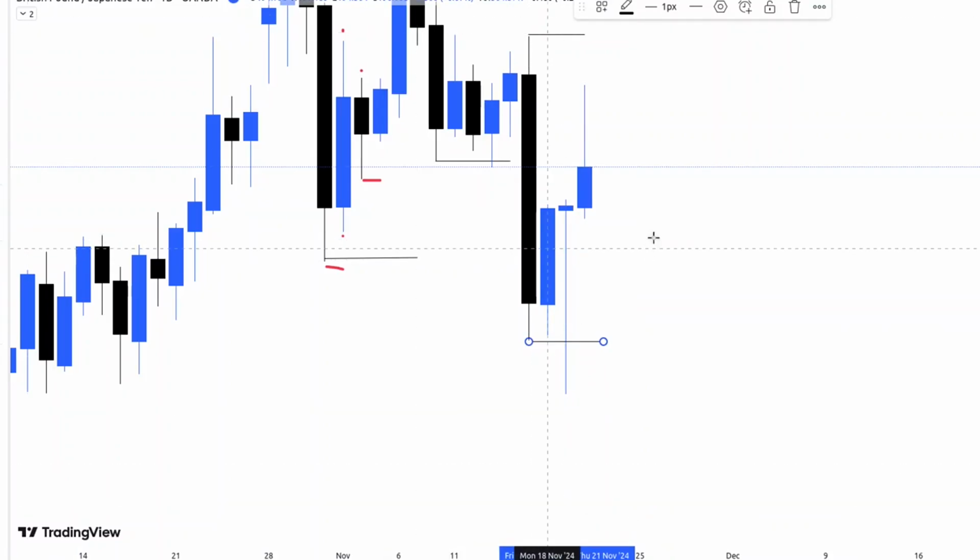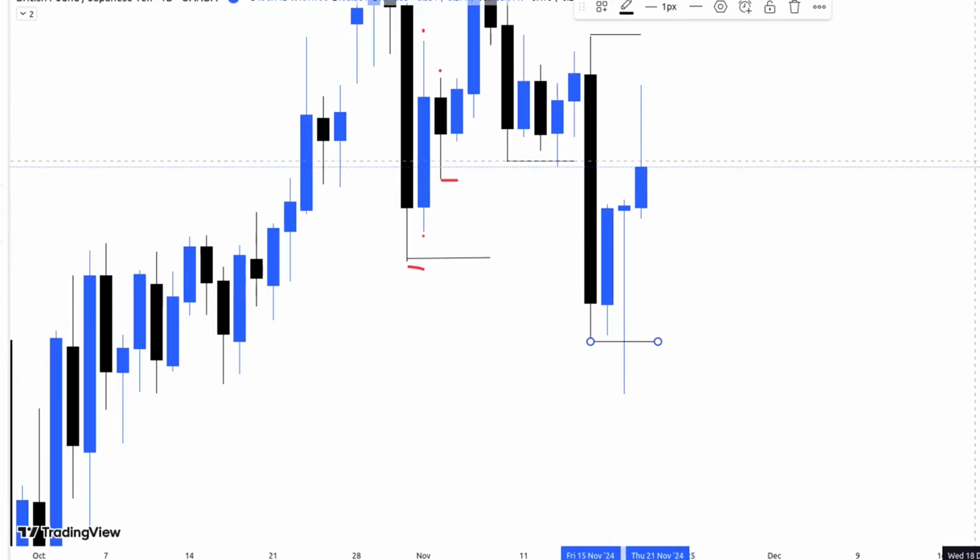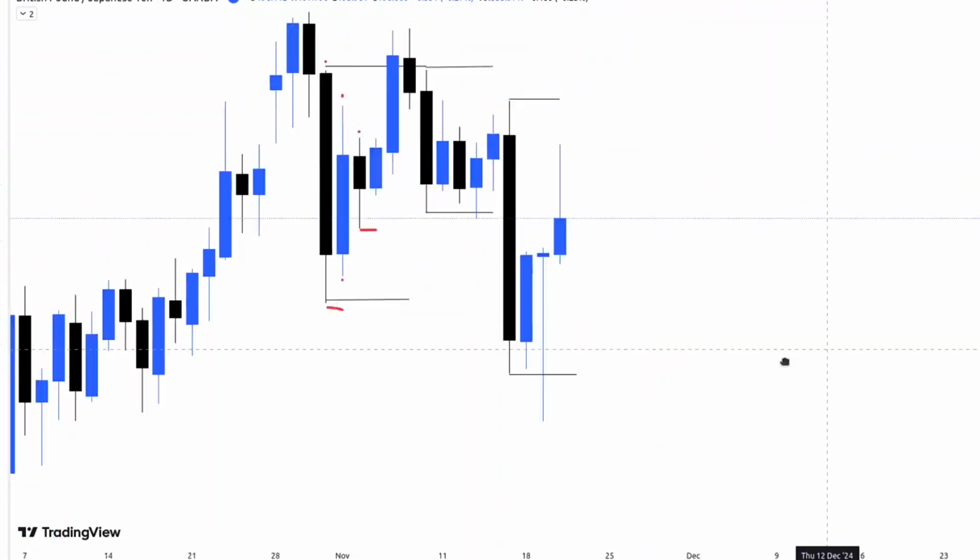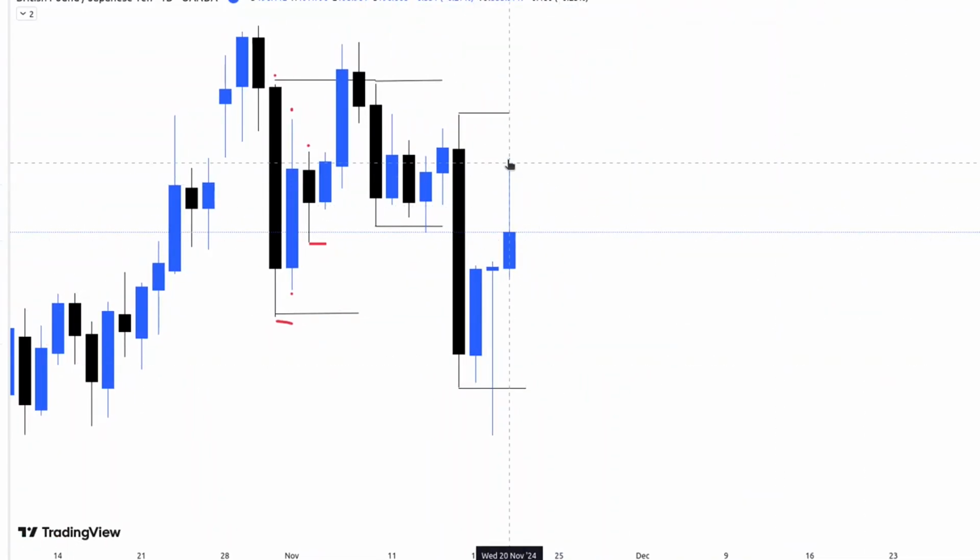So that didn't work out. Price moves and closes above that candle with a long wick. So we are expecting price to take out this high here, but as you know, this is a large wick.